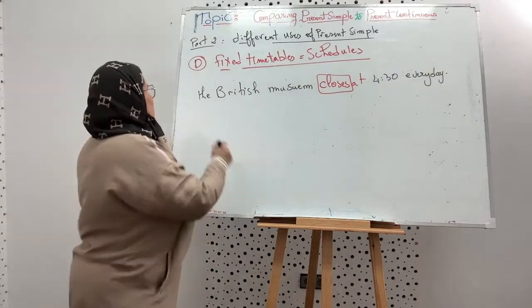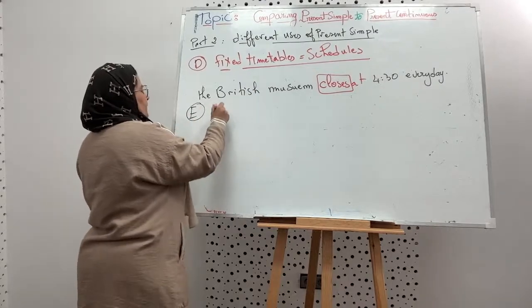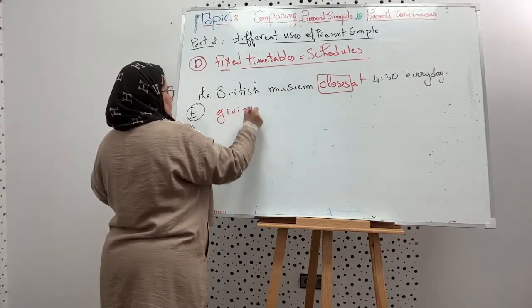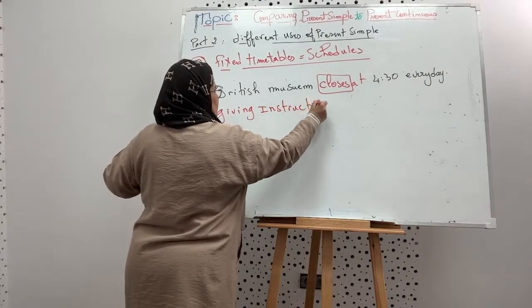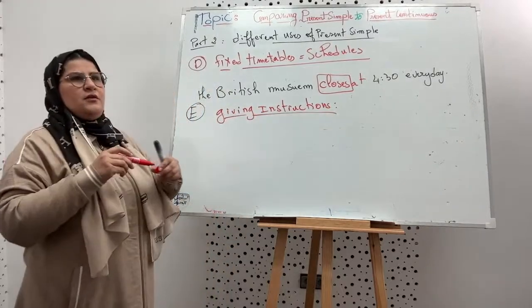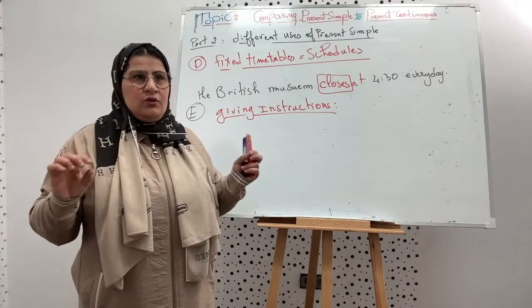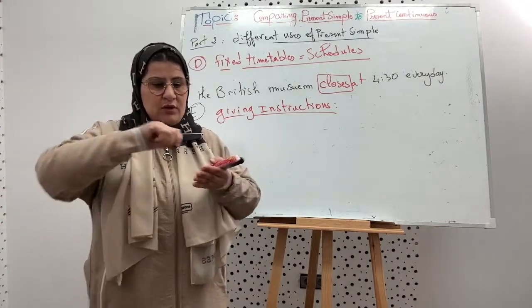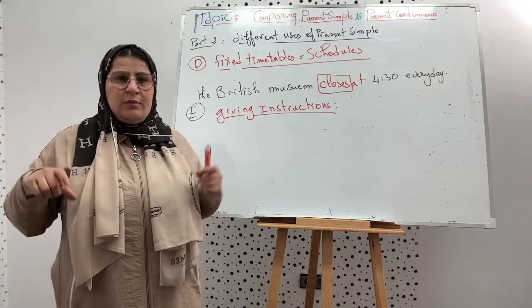So E is giving instructions. For example, when you have medicine at home, the doctor gives you an instruction, and you can even find the instruction written on the tablet itself.